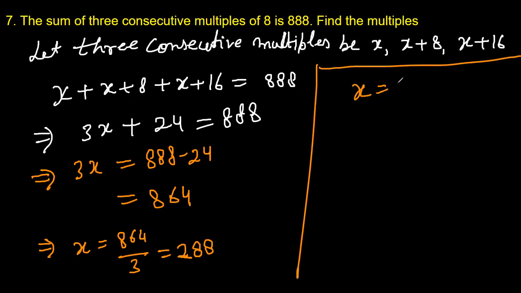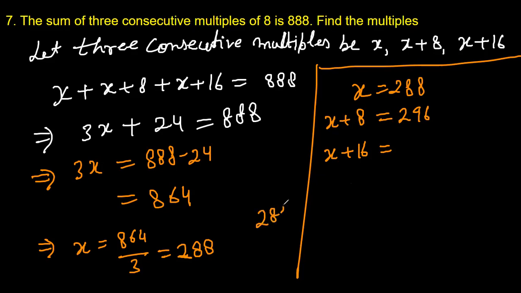Therefore, x is 288 and your x plus 8 means 288 plus 8 should be 296, and then x plus 16, 288 and 16, is 304.